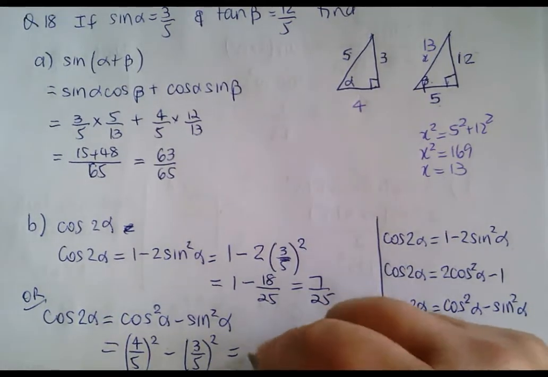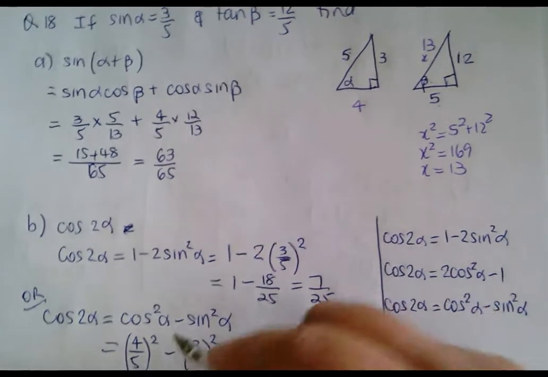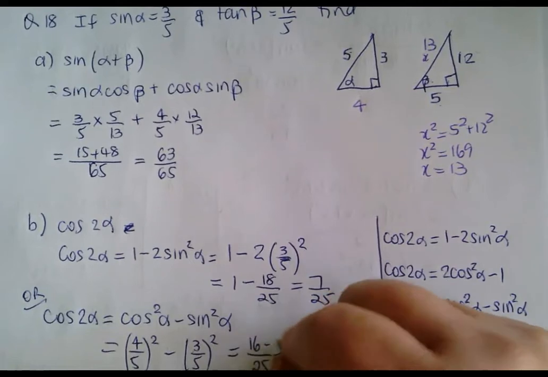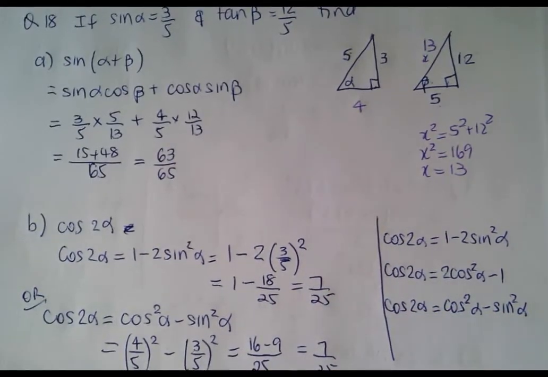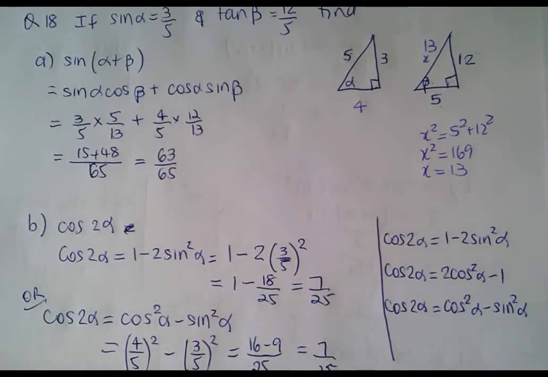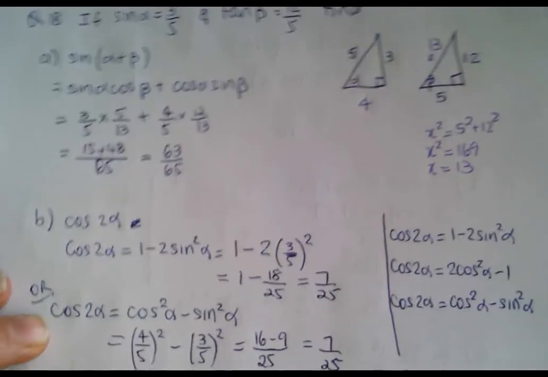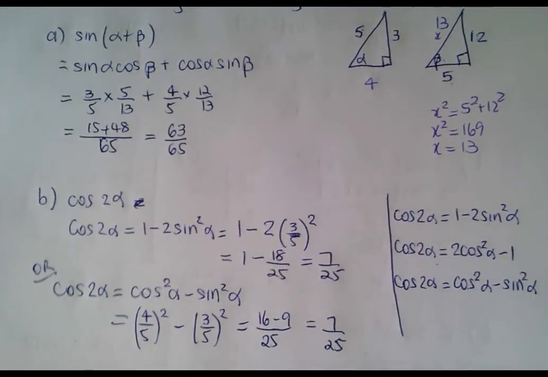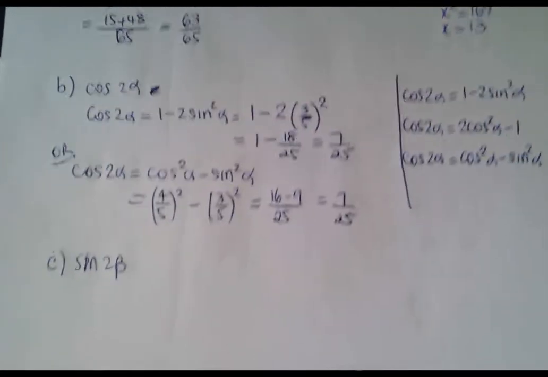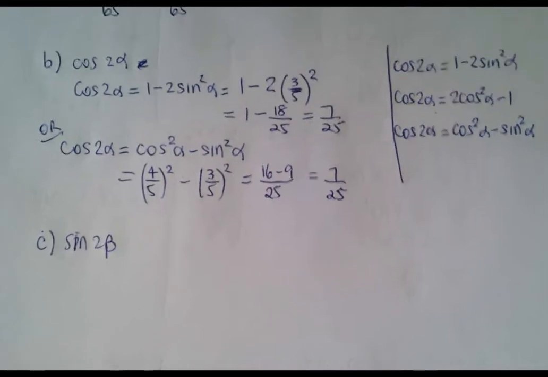Common denominator of 25, 16 minus 9, again 7 over 25. The other way I could have done it would be to use 2 cos squared alpha minus 1, but I'm not going to do it that way. You can see already 2 different ways, but there were 3 because there are 3 results for cos 2 alpha.